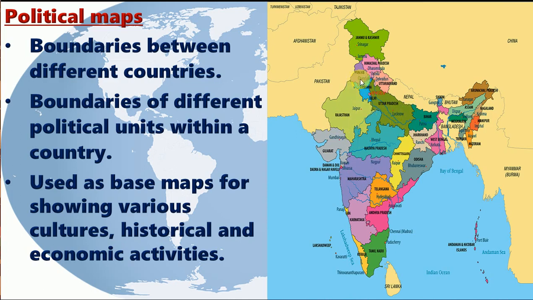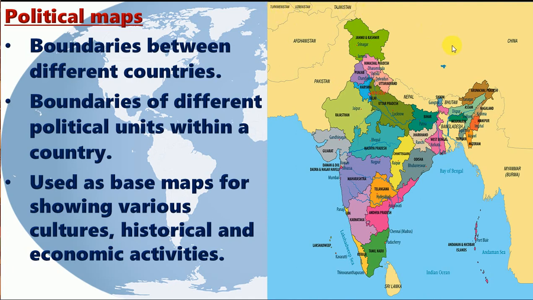Are you able to see it? The black lines, the boundaries, help us in knowing the regions: Bihar, Jharkhand, Chhattisgarh, Madhya Pradesh, Uttar Pradesh, Delhi, Uttarakhand, Punjab, Rajasthan. So it basically shows the boundaries between the different countries. As you can see here, Afghanistan, Pakistan, then you have Turkmenistan, Uzbekistan, Tajikistan.